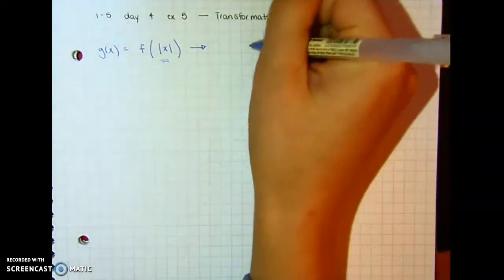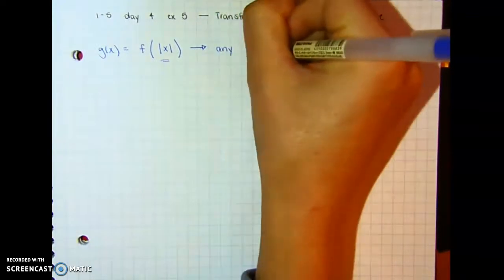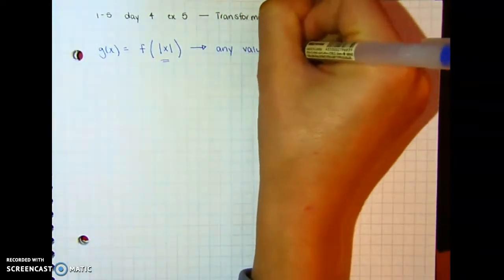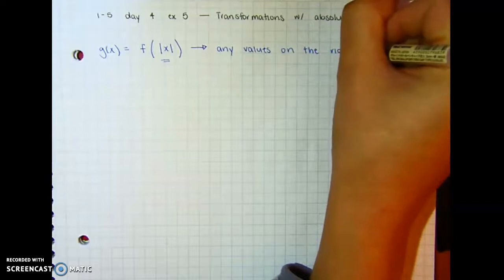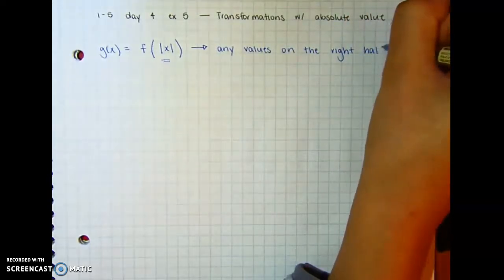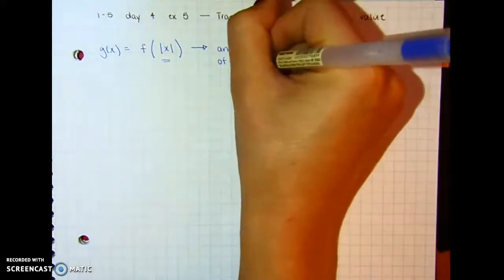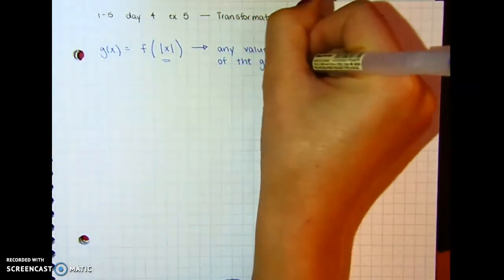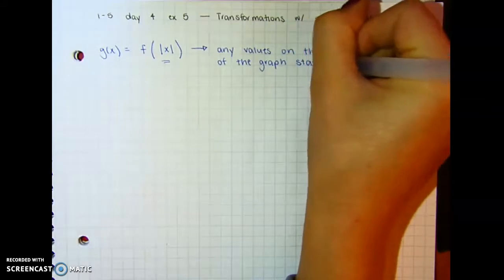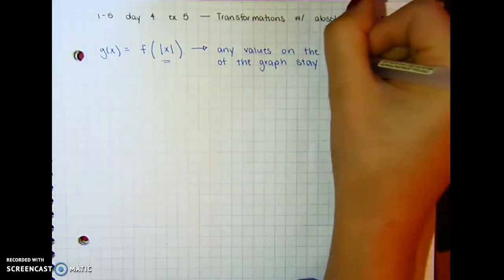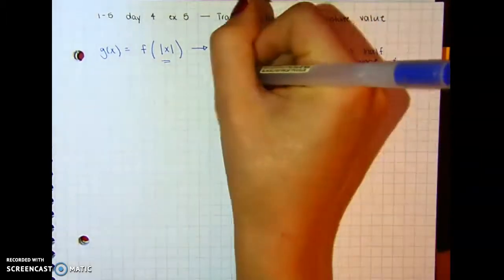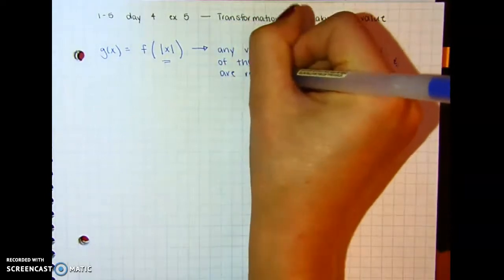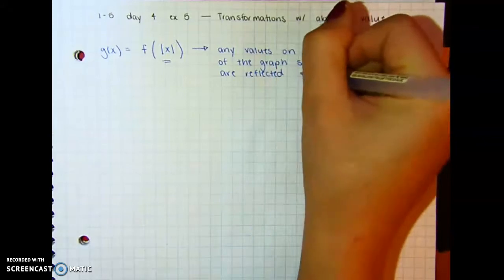So this means any values on the right half of the graph stay on the same side. And are reflected over the y-axis.